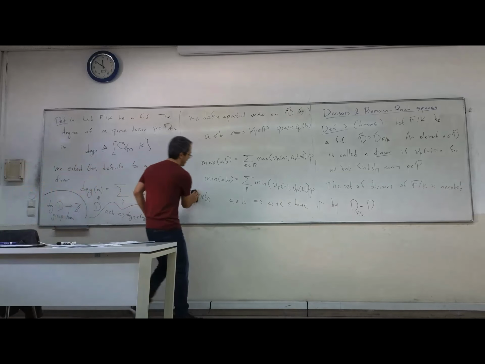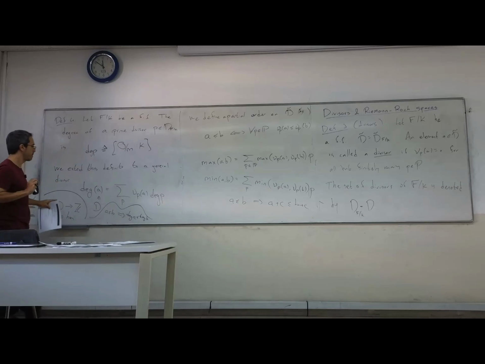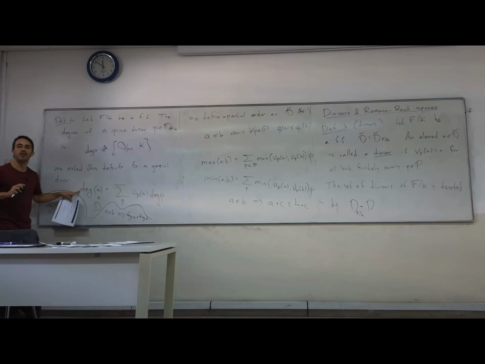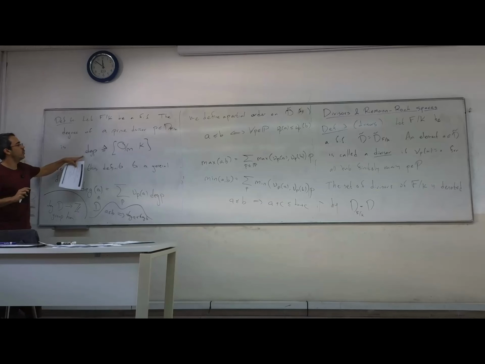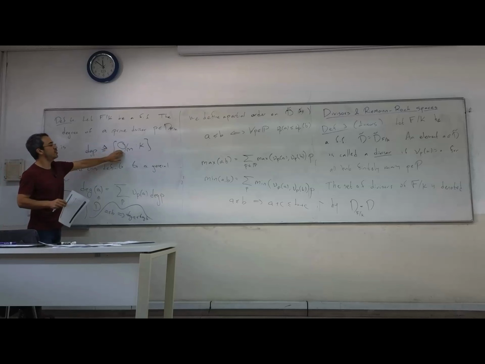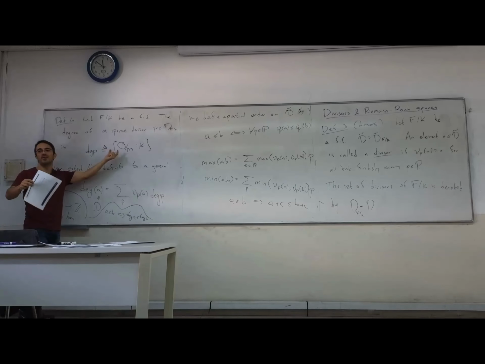Okay. A question so far? Yeah. Why is this a good name? Right. So, I'm not exactly sure. The one thing I can tell you is that when you look at the rational function field, it is exactly the degree of the irreducible polynomial that corresponds to the place.